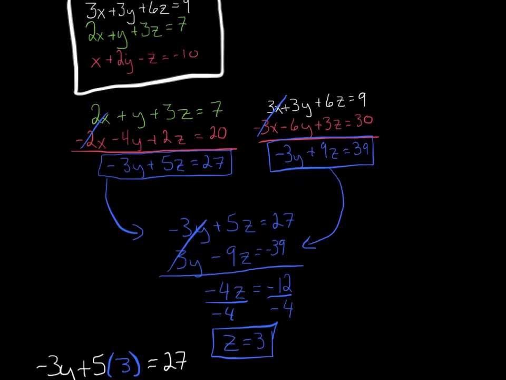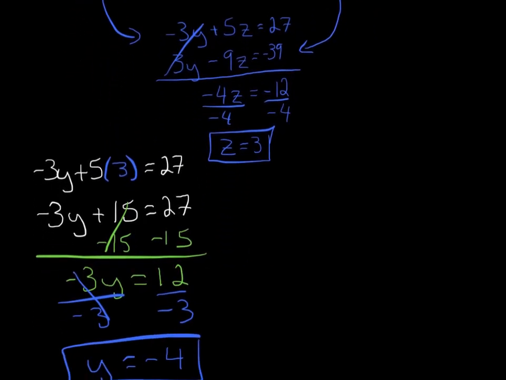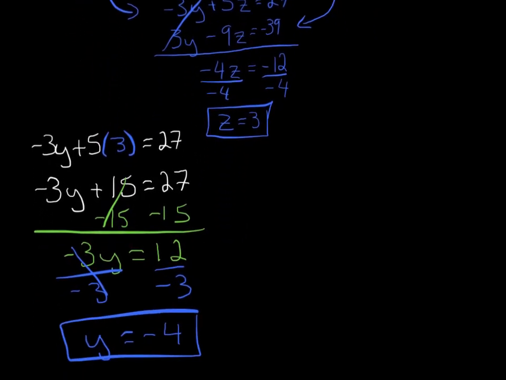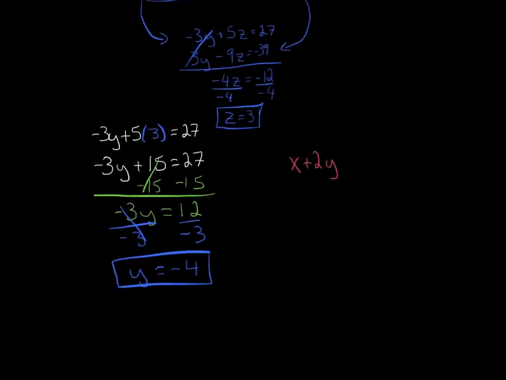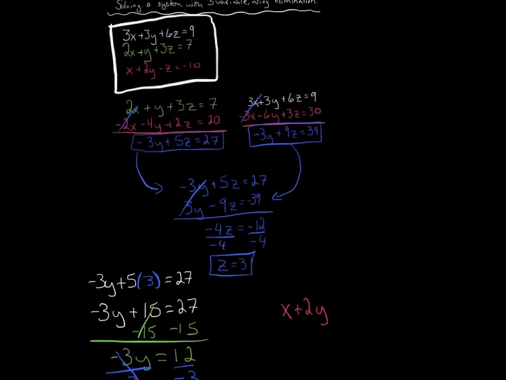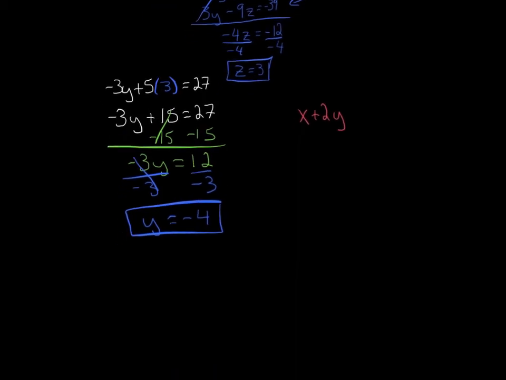And so I'm going to just go ahead and rewrite that. So we have x plus 2y minus z is equal to negative 10.